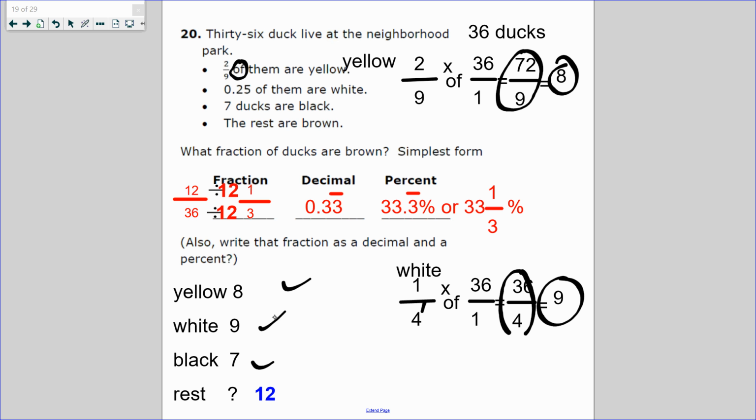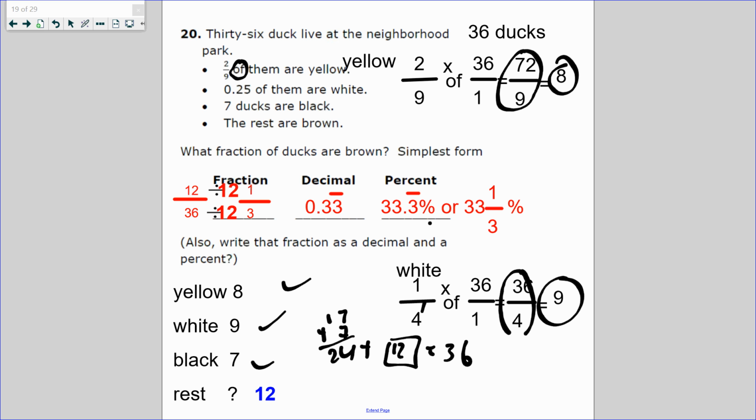Together, 8 plus 9 is 17 plus 7 is 24. So plus what makes 36 ducks? 12 are the rest. So what fraction of ducks are brown? 12 out of 36, which simplifies to 1/3, which is 0.33, or 33.3, or 33 and 1/3%.